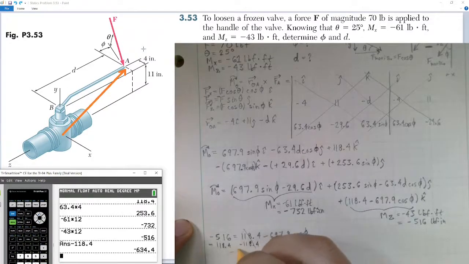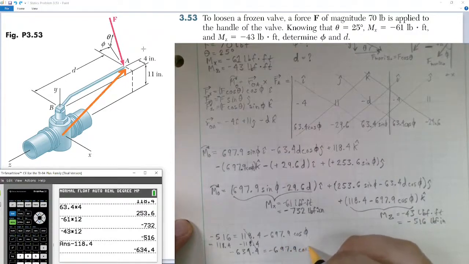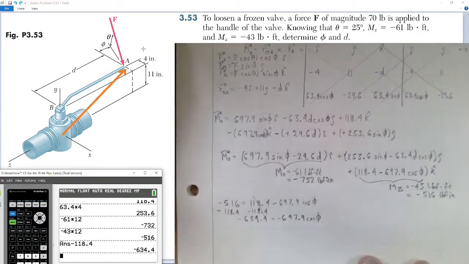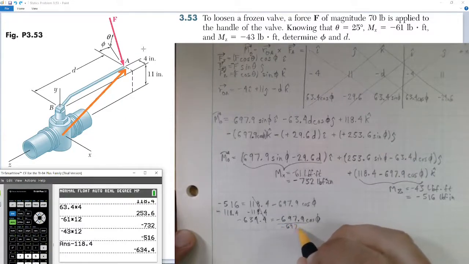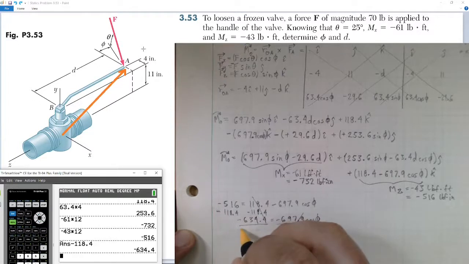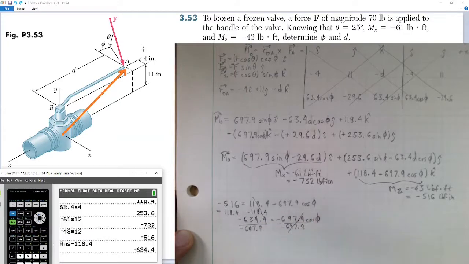So we have negative 634.4 equals negative 697.9 cosine of angle phi. We then divide both sides by negative 697.9. Oops, had an error in our calculator. Let's see.